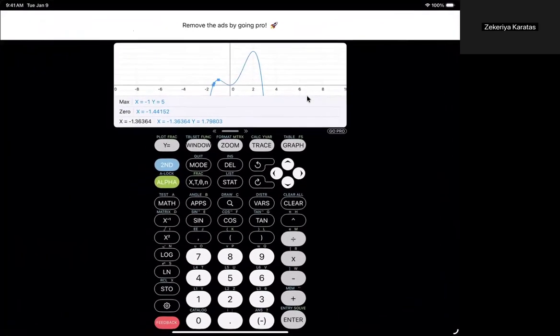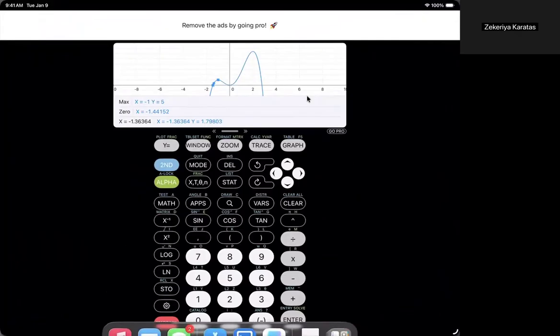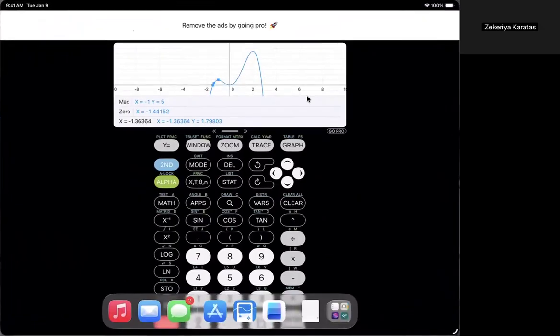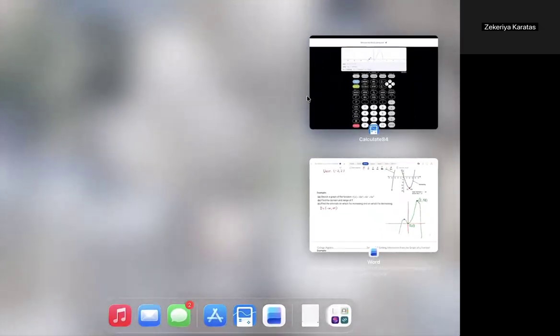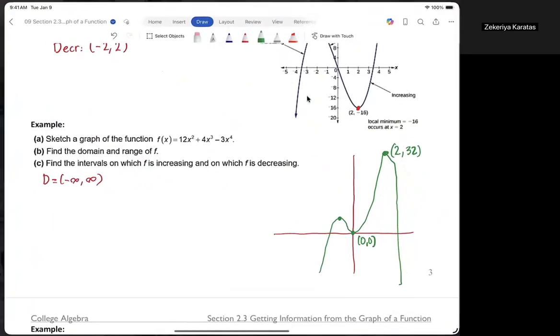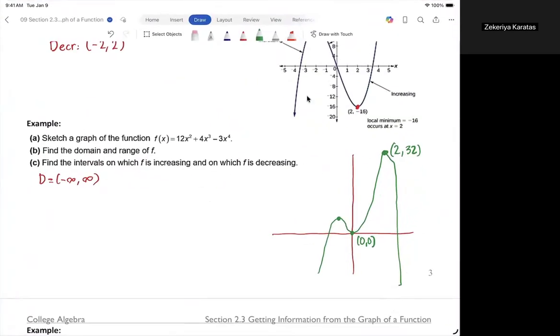It may just ask you to make a guess on a TI-83 or 84, so just be careful with that. In the last part, take that guess close to the maximum and then hit enter. It's going to give you that maximum. That was (-1, 5). So this point is (-1, 5), and the graph is increasing up to -1.